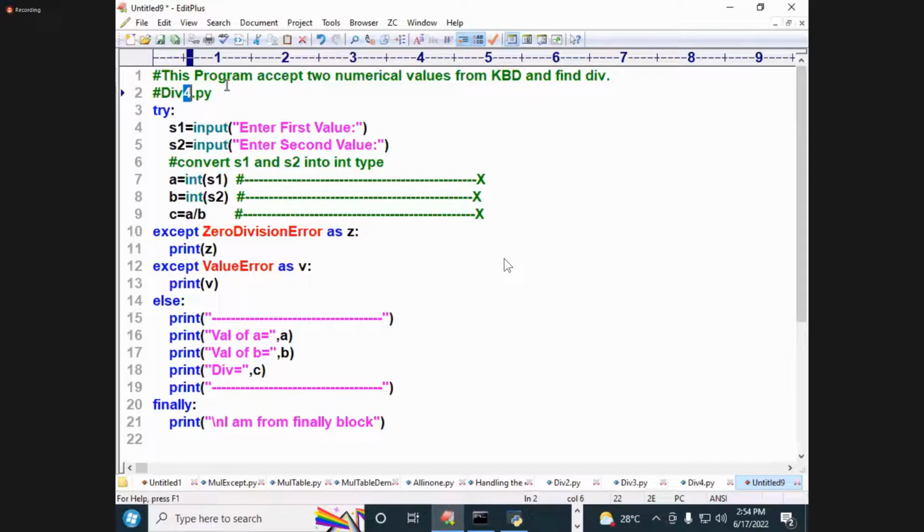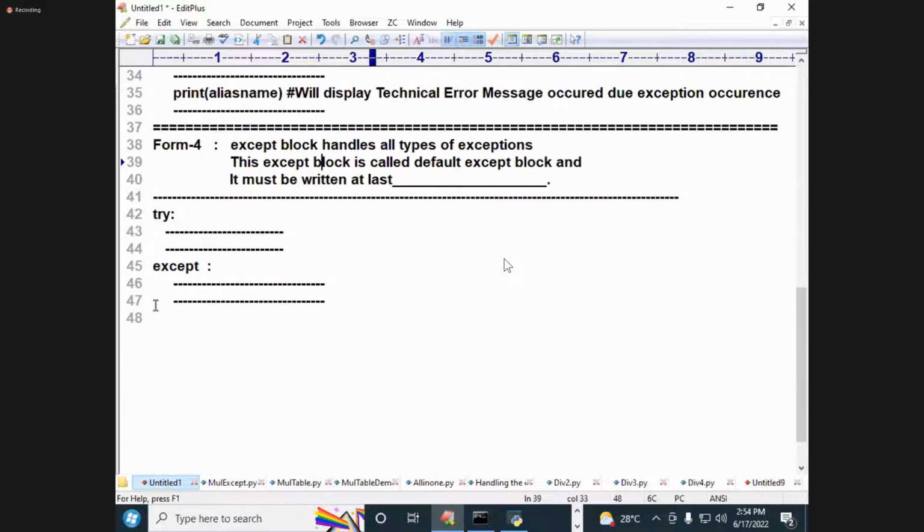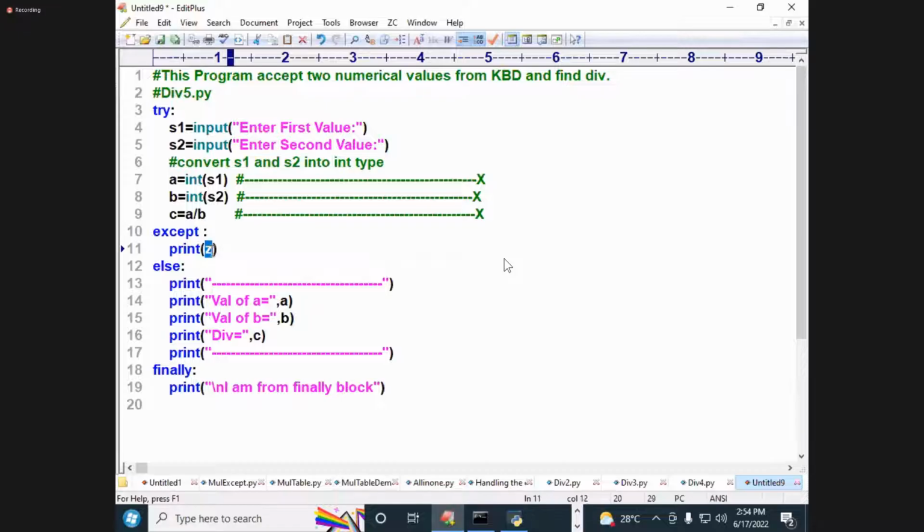Some of the people teaching in classes, when anybody teaches exceptions, write except, with no exception name, only a colon. Here also I am writing except colon and I am writing something went wrong. Read that.